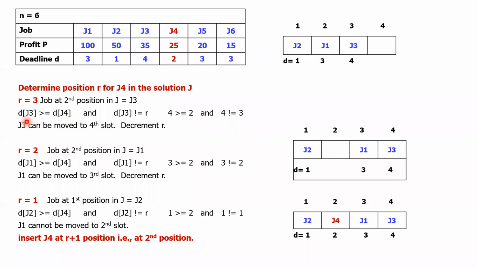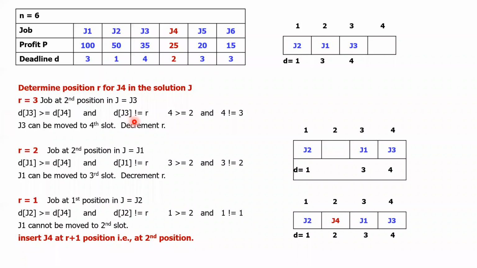J3 is already scheduled. Now I have to decide whether J3 can be moved to the right side in the array. For that, I have to check the deadline of J3 and compare it with the deadline of J4. The deadline of J3 must be greater than or equal to that of J4, and the deadline of J3 should not be equal to R, where R is the number of jobs that are already there in the queue.